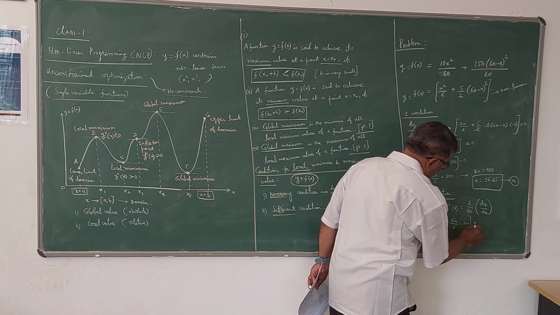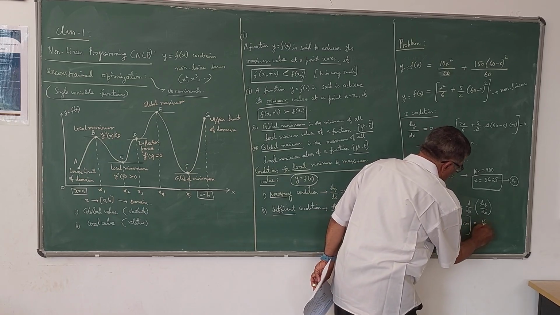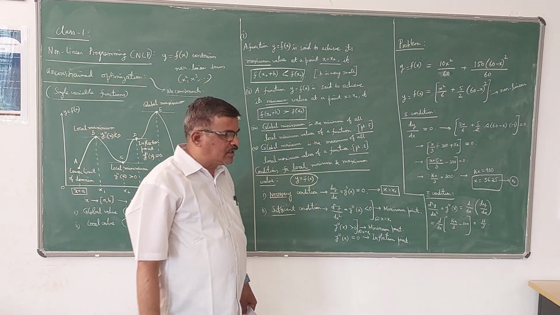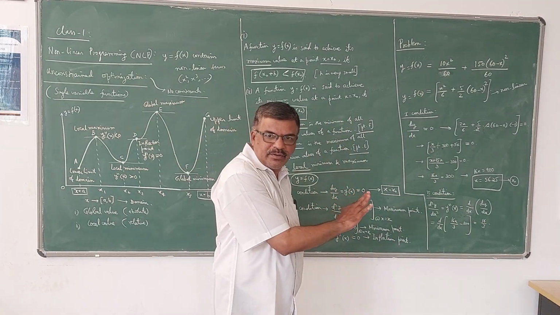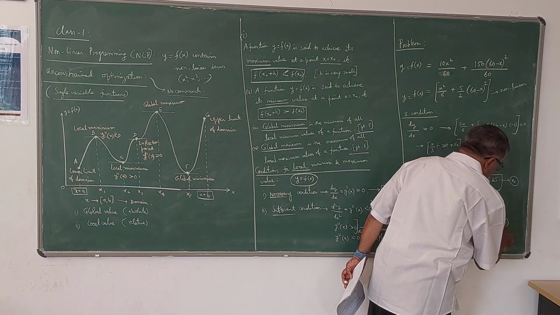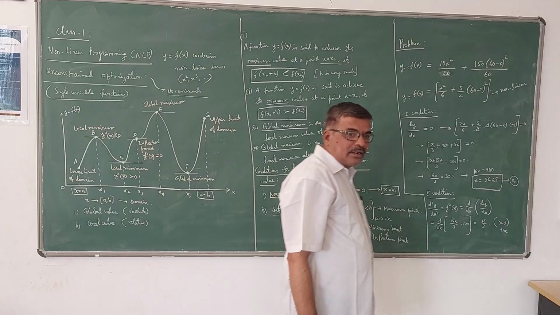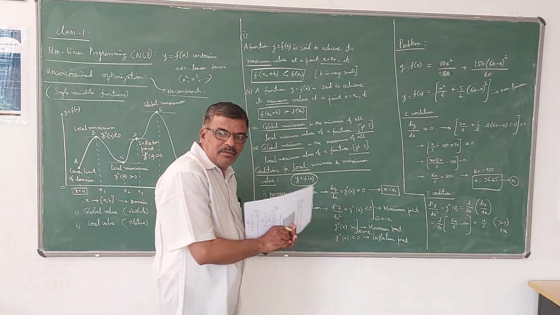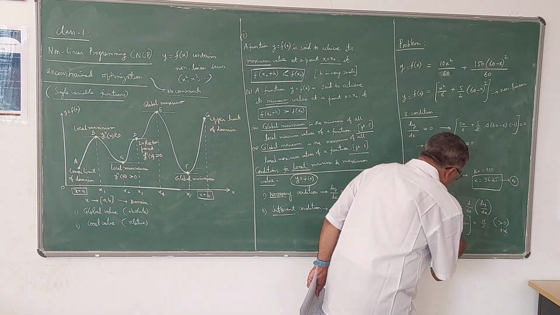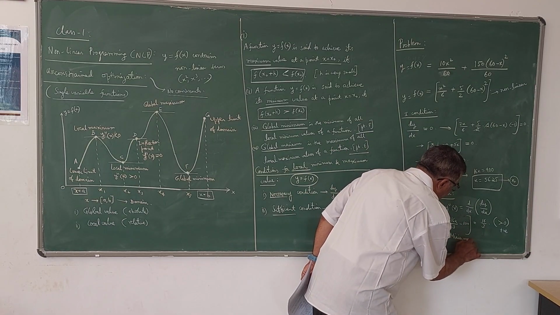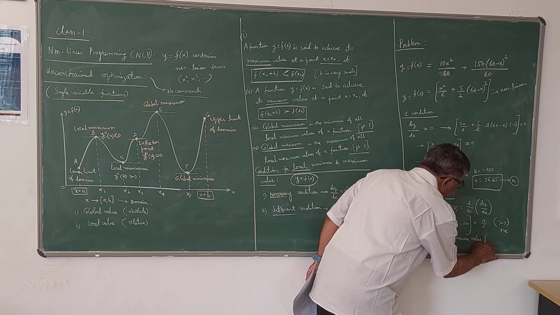So when we differentiate, is it positive or negative? What happens here? This is 16 by 3, and 300 is a constant, so its derivative is 0. So 16 by 3 is the derivative. 16 by 3 is positive, greater than 0, so it is the minimum value point.